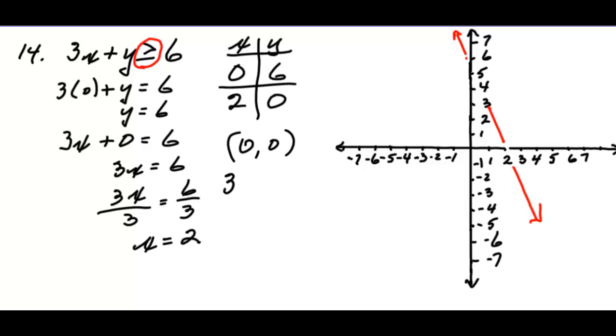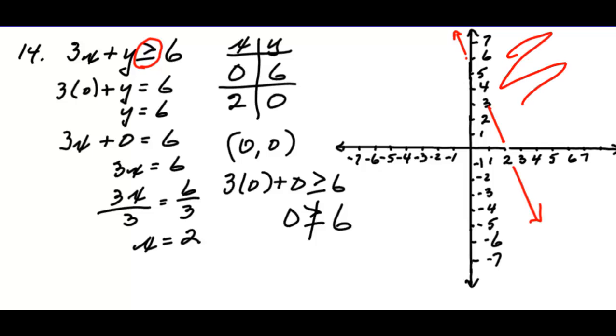Does 3 times 0 plus 0, is that greater than or equal to 6? Is 0 greater than or equal to 6? No, it's not. So again, our 0, 0 point being there, we're going to shade everything over here again. So you're beginning to think that's the only way it works. So we have to come up with an example of one that doesn't look like that. So let's go ahead and erase what we've got here.